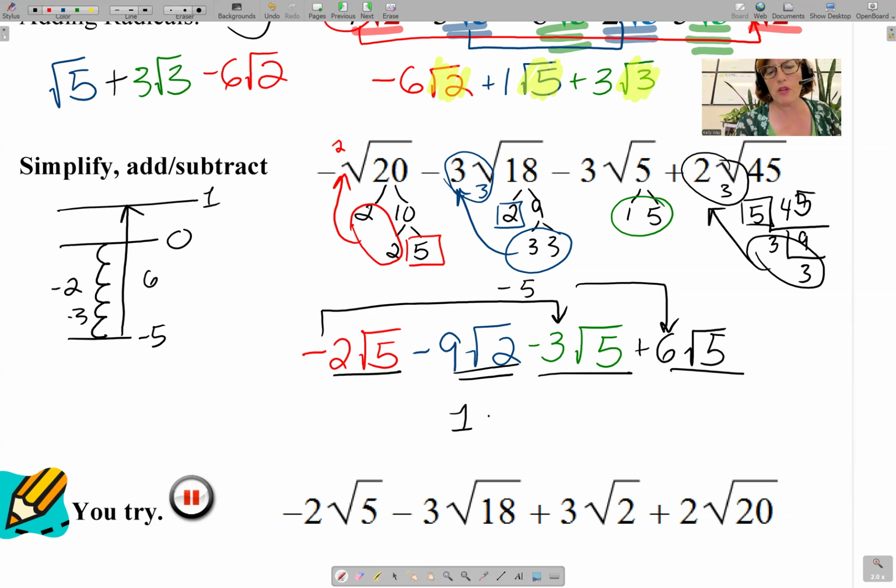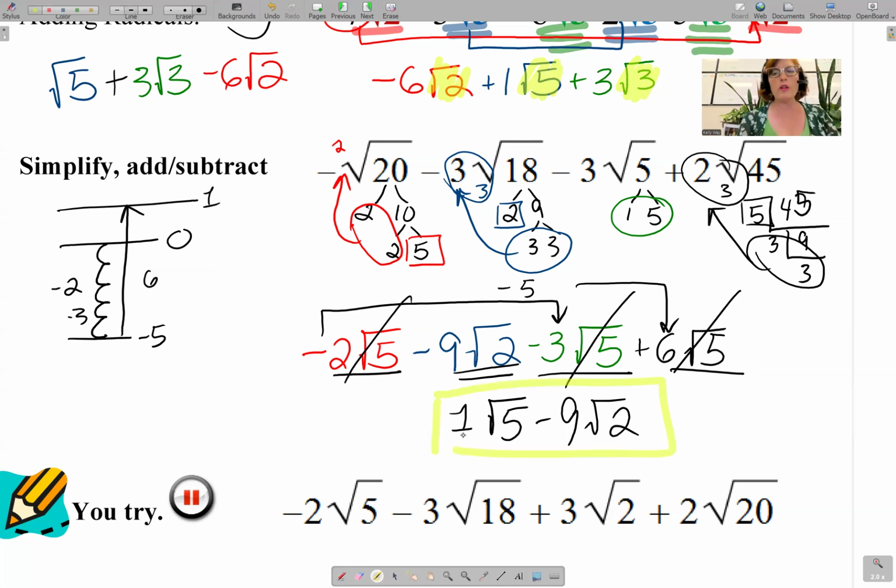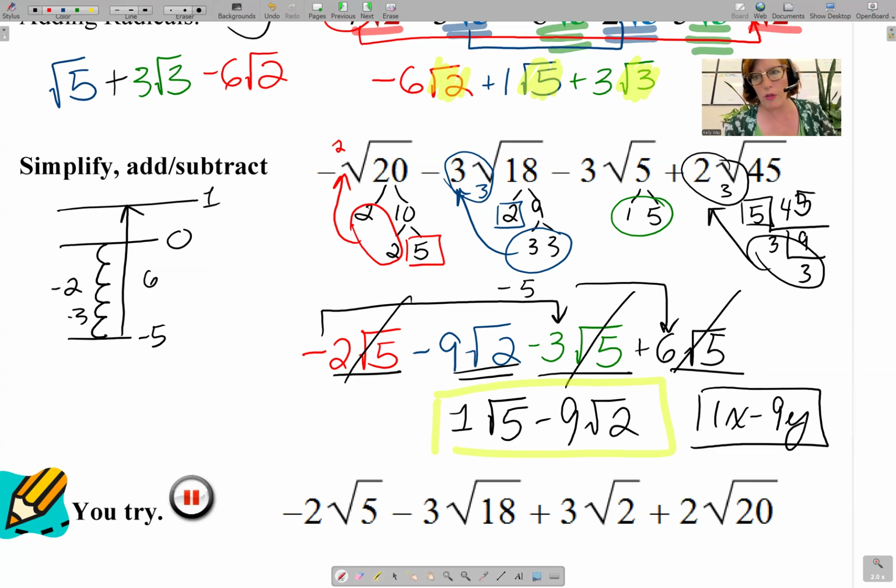So that's going to be positive 1 root 5, minus 9 root 2. Once you have simplified your radicals and all your radicals have been collected and you do not have alike radicals, you stop. This would be exactly like saying 1x minus 9y. You can't go any farther. You are done.